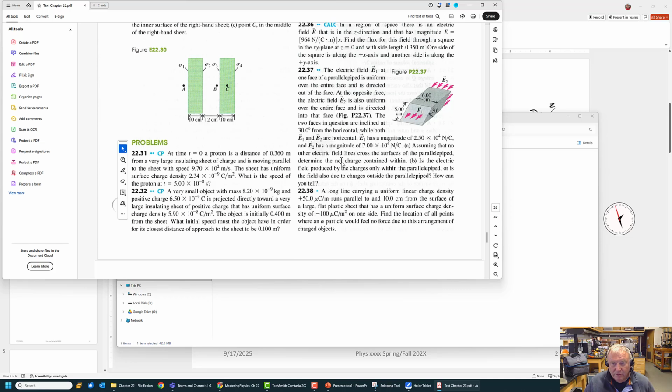A long line charge carrying uniform linear charge density. Wow. Find a location, and it's only a one-dot problem? Okay.